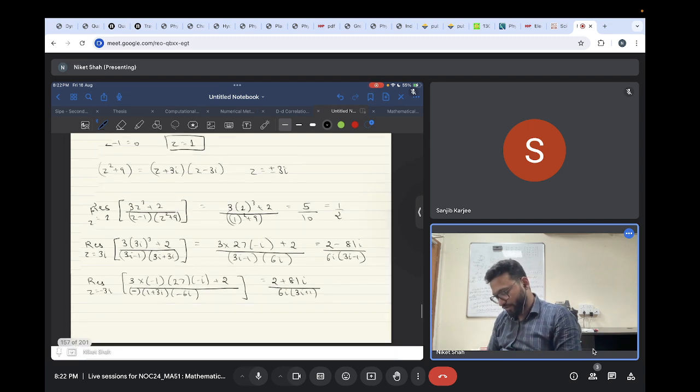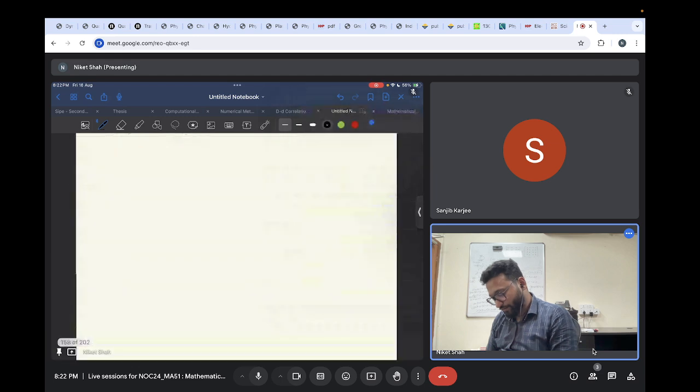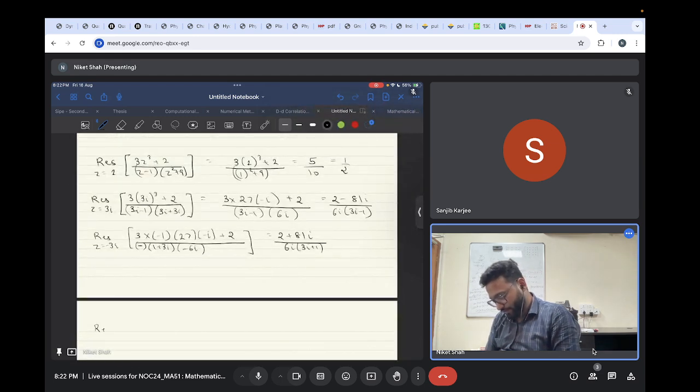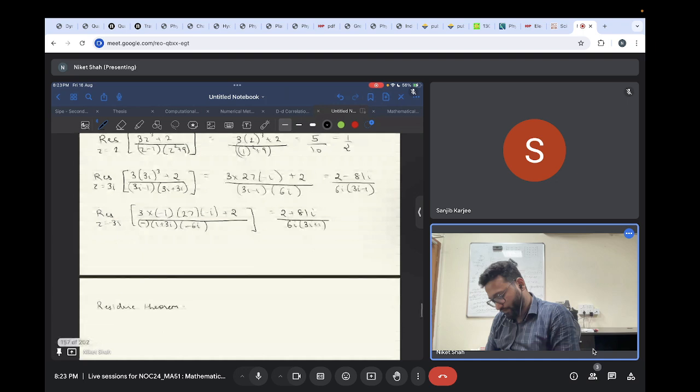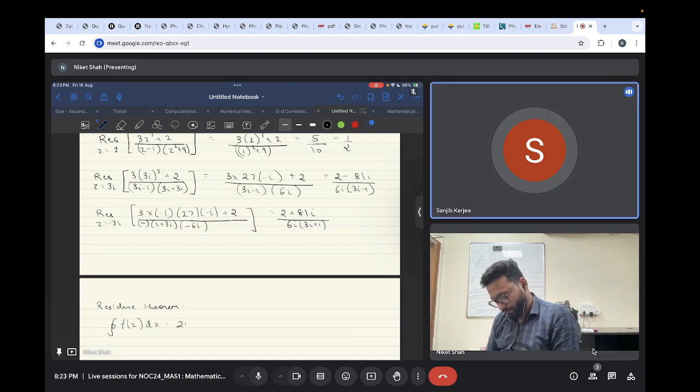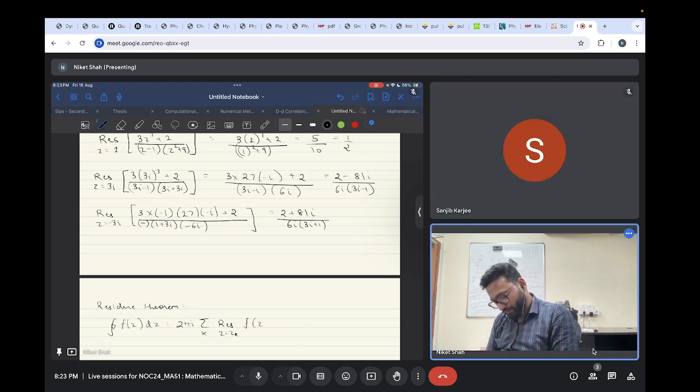So now what does the residue theorem say? According to the residue theorem, the integral of f of z dz is 2 pi i times the sum of all the residues.